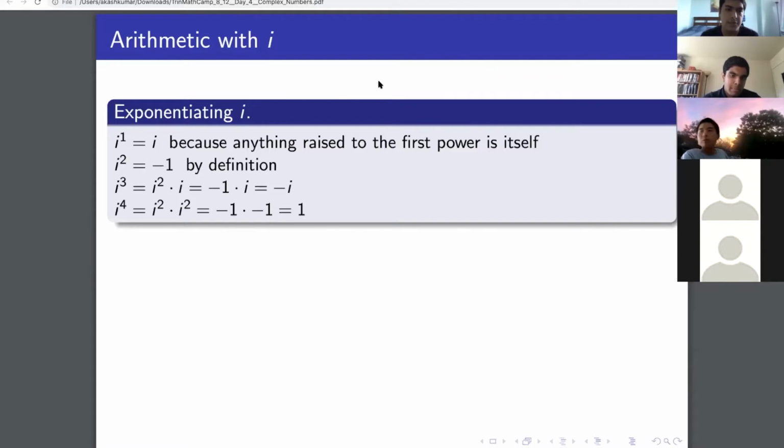For i cubed, we can break that apart as i squared times i. We know i squared is -1 from the example above, and -1 times i is just -i. A very similar strategy works for i to the fourth power. i to the fourth is i squared times i squared, which is -1 times -1, which equals 1.